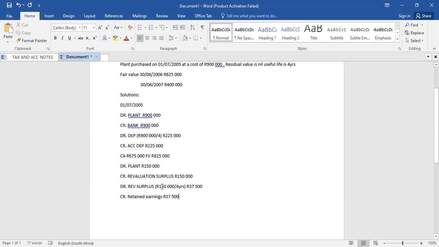If they told you in this activity that the company transfers the revaluation surplus to retained earnings as the asset is used, and also on an annual basis, I say it is the same thing. If it is an annual basis, it means every year you transfer, only if you have a revaluation surplus for that year. If they say the asset is used, we use the asset every year. So whenever you have a revaluation surplus, you must transfer a portion. How do we transfer? Standard: divide by the remaining useful life. I hope that answers it. Okay, so for 20x5, is there anything left that we must do, or can we move on to the next year?